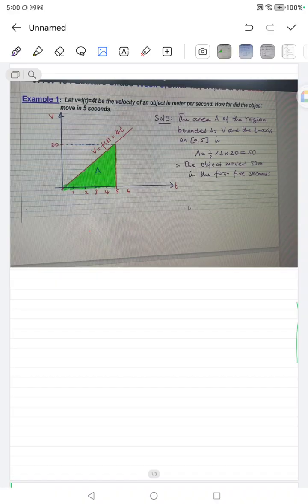So basically how they like to do these ones, they either do them in table format or they can do it using the integral. If you're going to be doing it using the integral and doing your estimate, it means you're going to be looking at this 4t, then you find the antiderivative of your 4t.